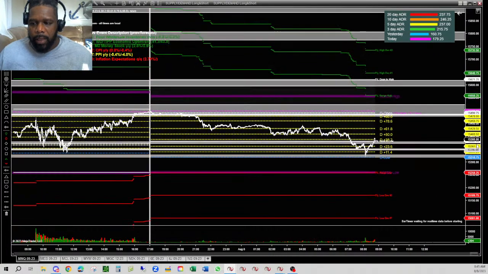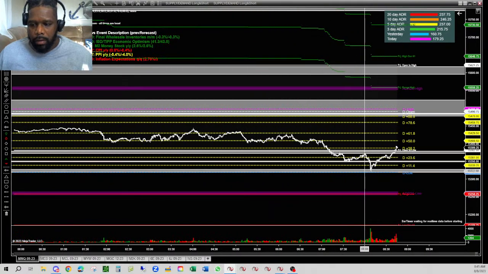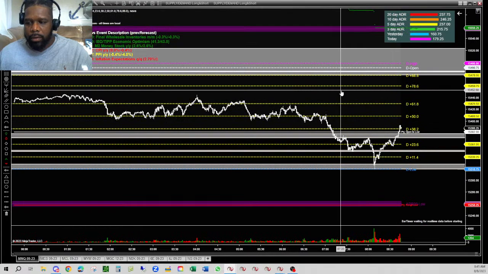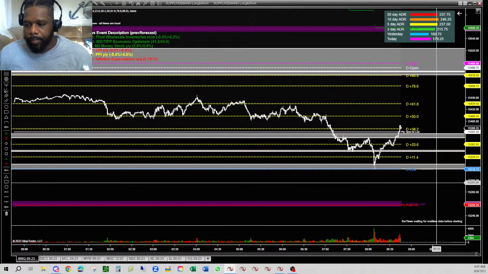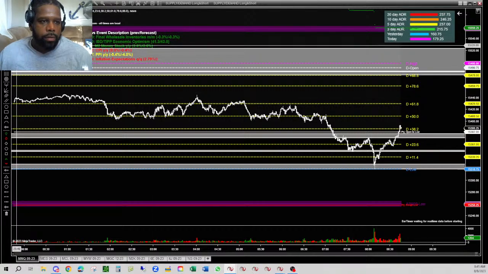So again, like I said, we have these areas here. Price came down to it and ran up. Now, from what we know from Fibonacci and psychological numbers, one area of support from what I'm seeing now is 15,300.